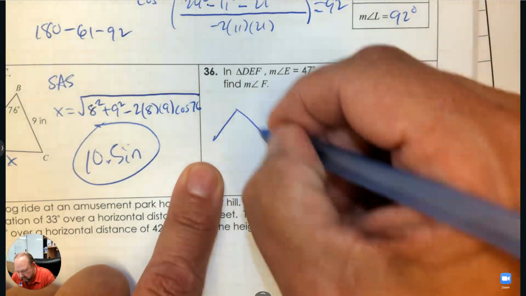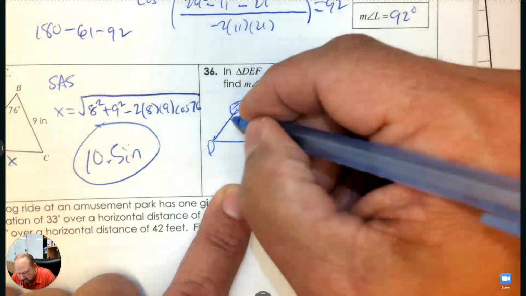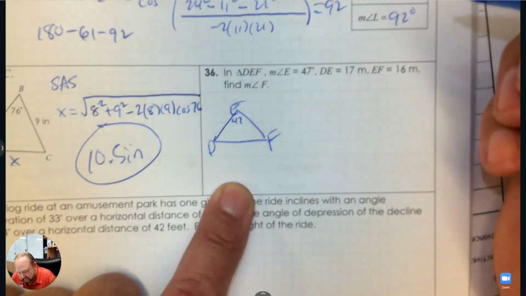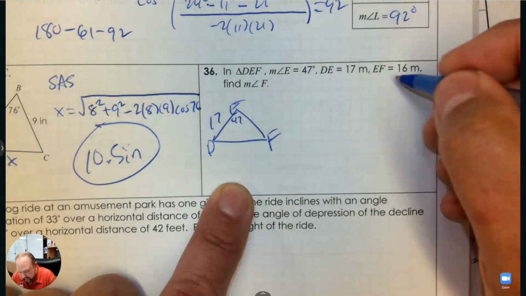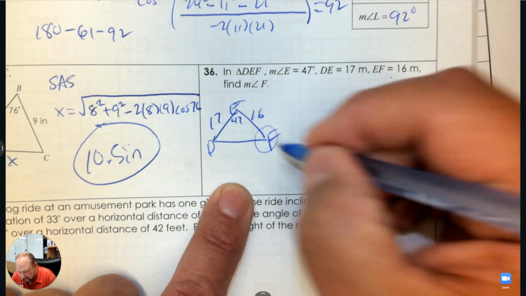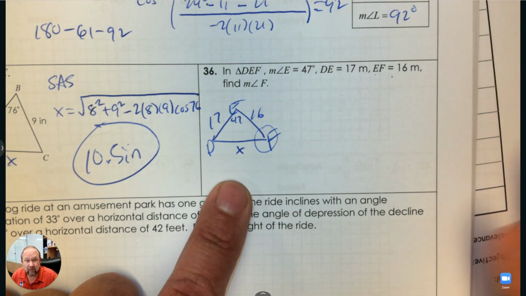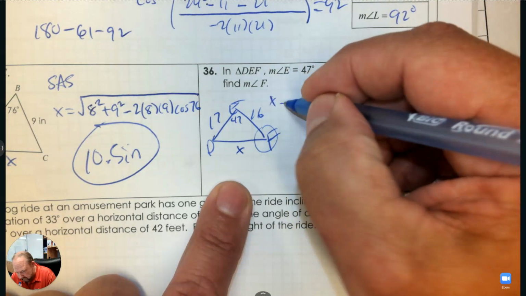36, let's draw the angle DEF. Angle E is 47. D to E is 17, E to F is 16, and then find this angle right here. So in order to find that angle, I need to find a missing side first, so I need all three sides. Let's do that first.